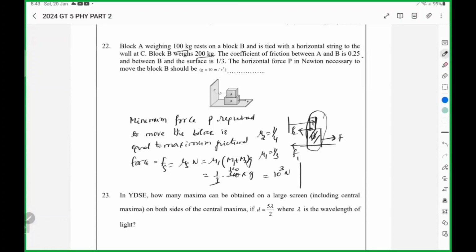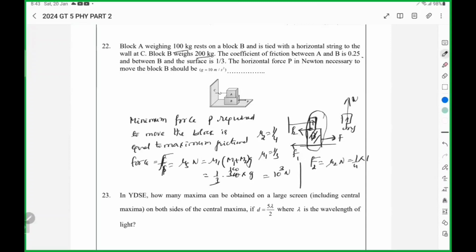So let us say this is F1, F2, right? Maximum frictional force mu s, mu2 into N, 1 by 4 into N, in the sense normal reaction, its own weight.